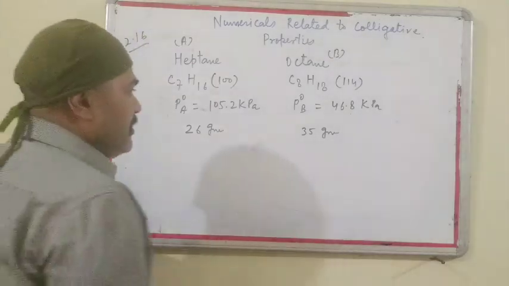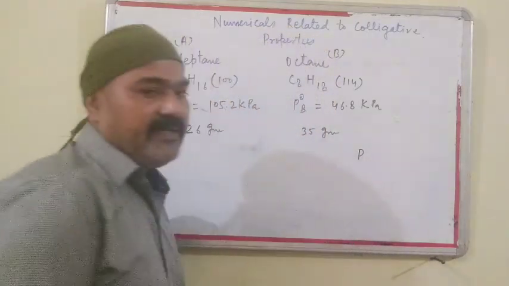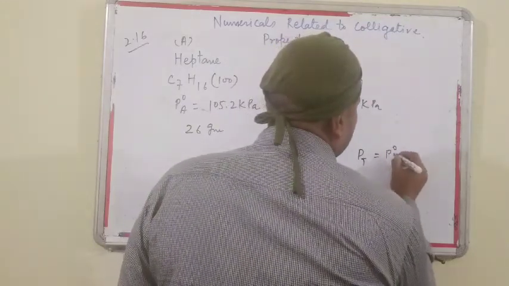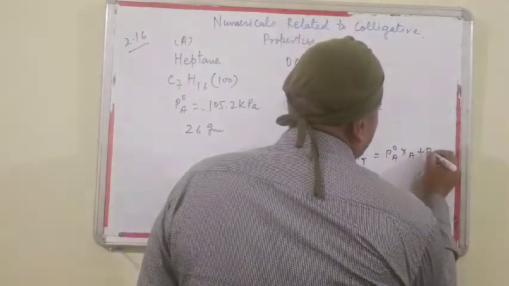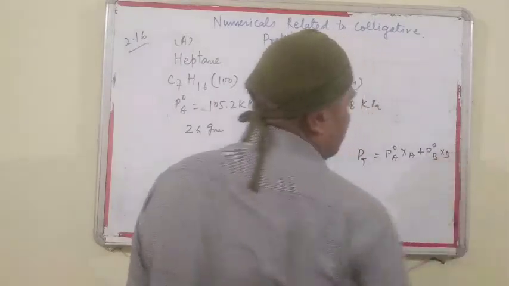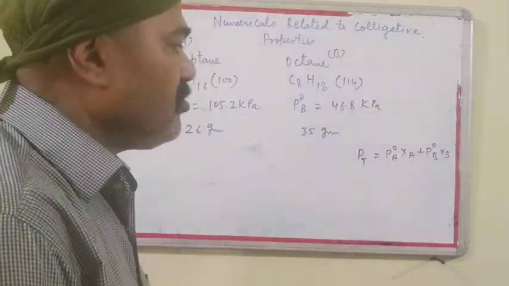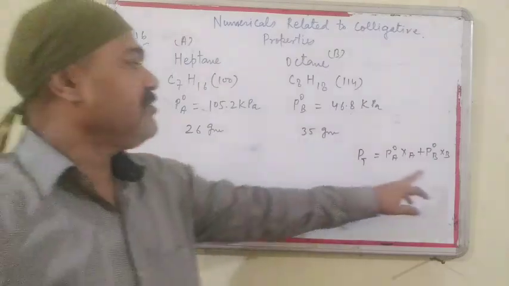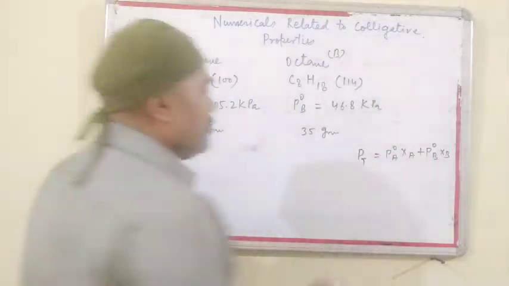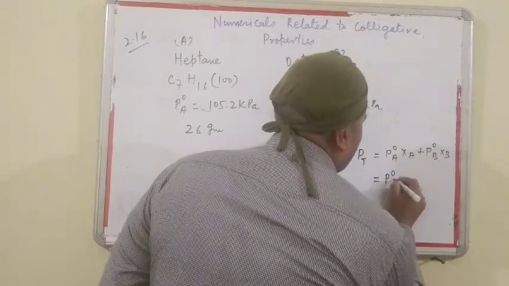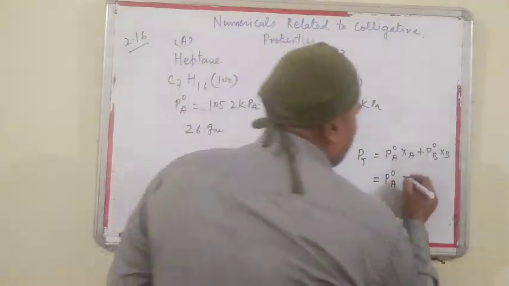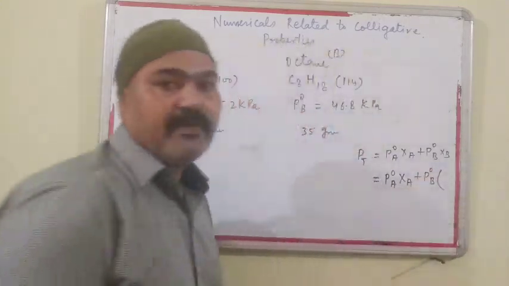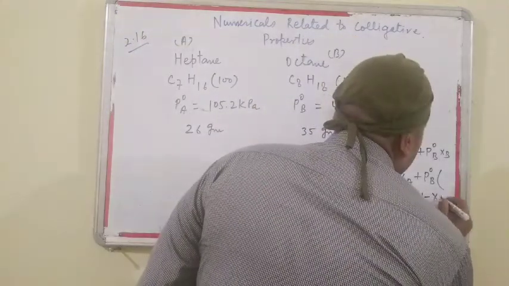Okay, if PT is the total vapor pressure, it is equal to P0A XA plus P0B XB, where XA and XB are the mole fractions of liquid A and liquid B. Liquid A here is heptane and liquid B here is octane. So this may be modified in this way: P0A XA plus P0B, and in place of XB I write 1 minus XA.